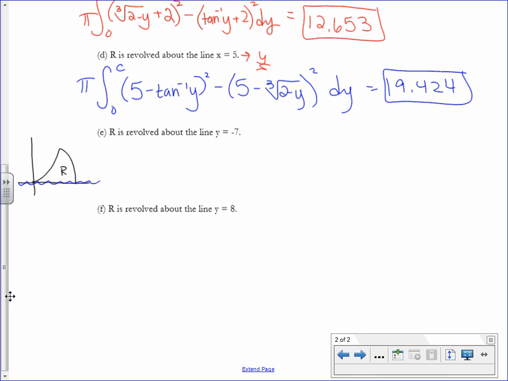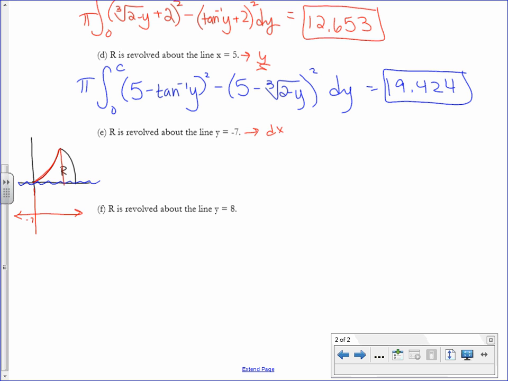I've got my little shark fin. I'm going to spin it around the line y equals negative 7, which is down here. And if I do that, y equals negative 7 is like an x-axis. I want to be in terms of x. But I'm noticing that when I spin that around y equals negative 7, R needs to get separated into two separate regions. So I need two separate integrals.